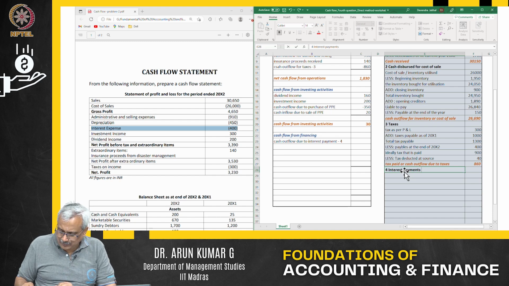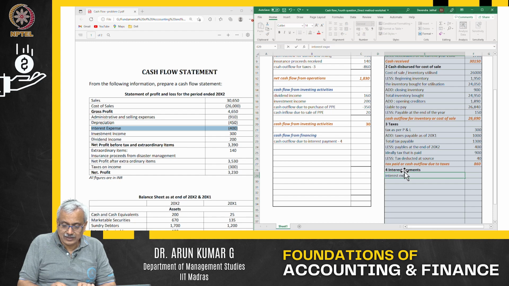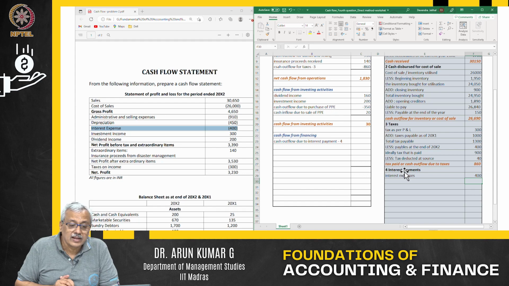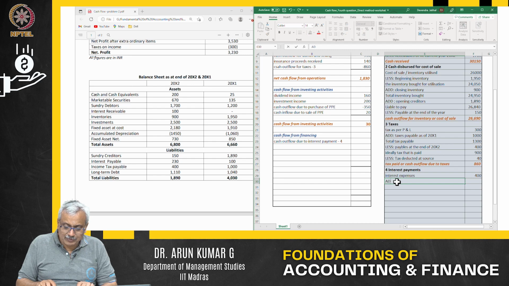What is the amount of interest expenditure? Interest expenditure is about $400. Whereas if I go to the balance sheet, I see interest payable last year is 100. So how much is the total interest payable? I add the payable at the beginning of the year, 100.